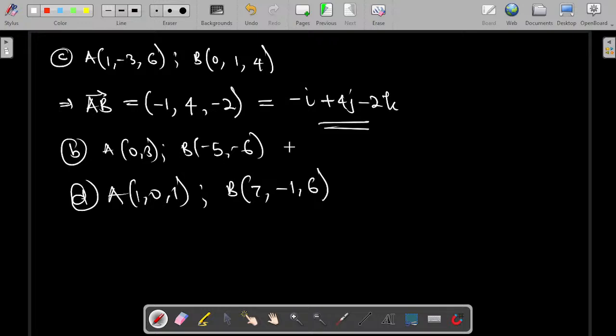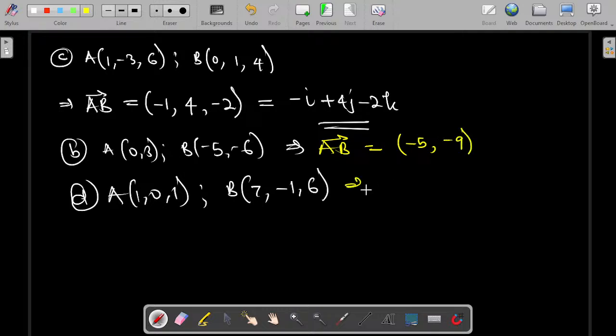Okay, so quickly, maybe we can move on here. So in this place, our AB is going to be, remember what I said yesterday, if your red line is behind, drag it to the front so that you will follow us. Okay, so our AB for the B is going to be minus 5 minus 0 is minus 5, and then minus 6 minus 3 will be minus 9.